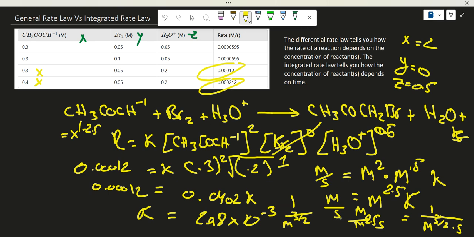Since the exponent is negative, it goes in the denominator, times seconds. So that's the unit of K. Now you just replace K with this value. If you do the multiplication of the unit of K times the concentration squared times the concentration to the power of 0.5, you end up getting molarity per second. So that's it for the differential rate law.